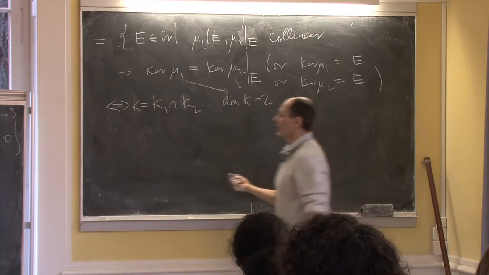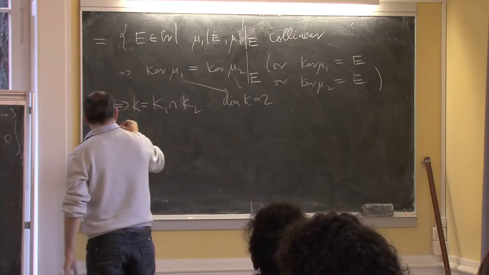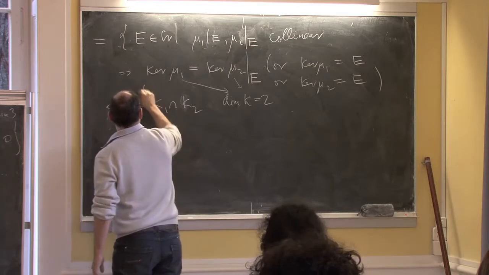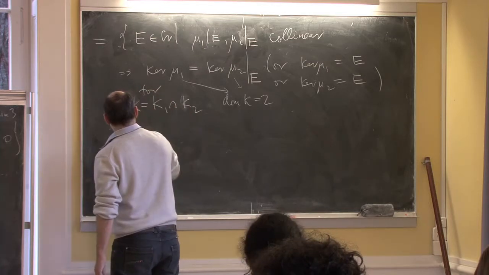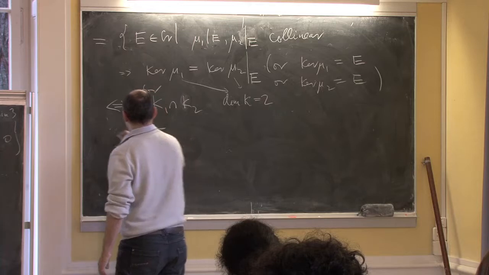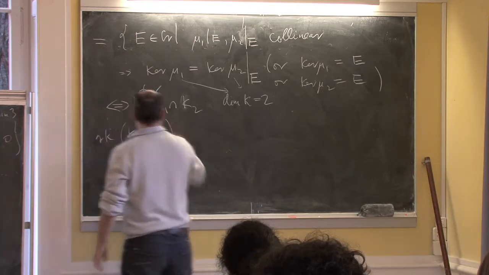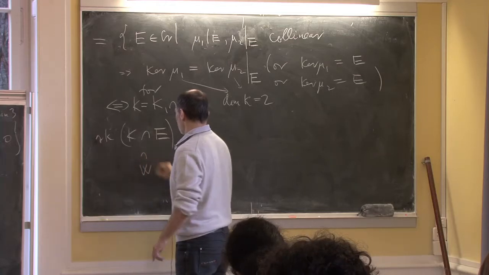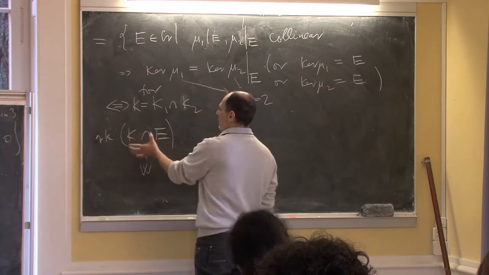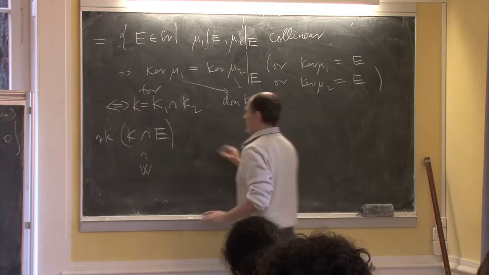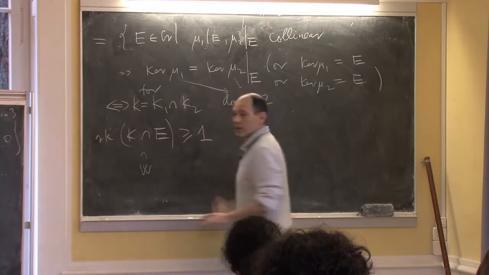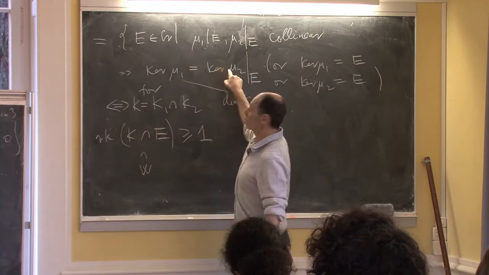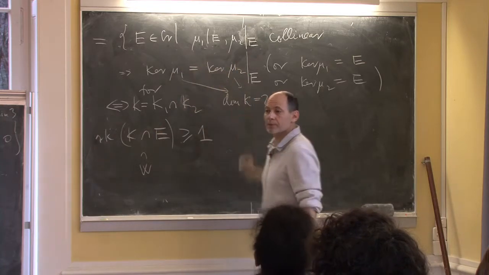So the intersection with E, this is two-dimensional in W, which is four-dimensional. So generically, this is 0, but what this tells you is that the rank is at least 1, because this intersection actually contains both of these things. Okay?